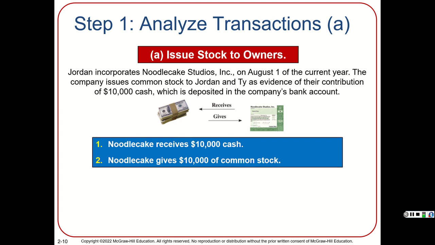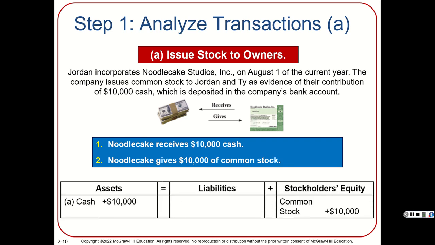So there's the exchange. The exchange is cash is received, and the company is giving the stock certificate. So your journal entry will look something like this. You're going to have cash increases 10,000 and your common stock increases 10,000.